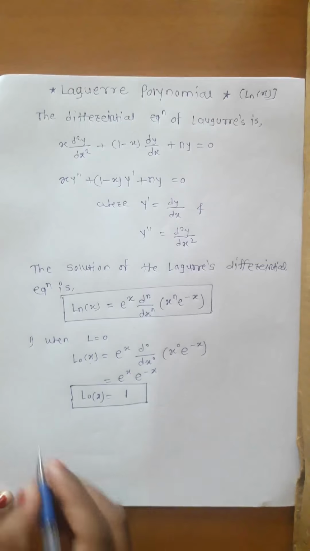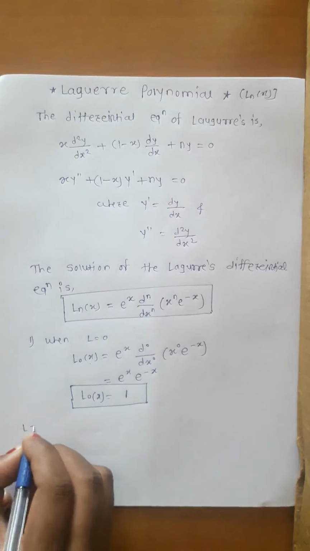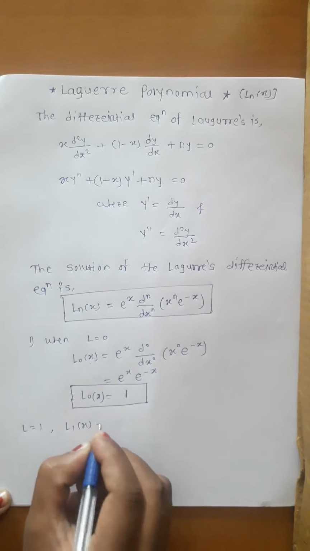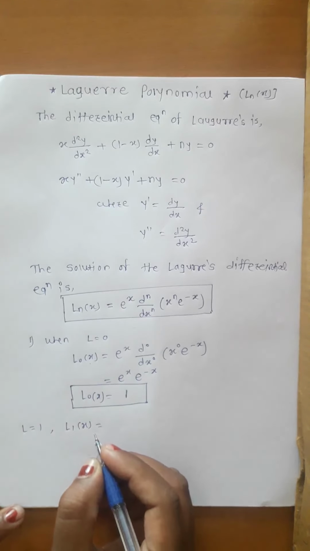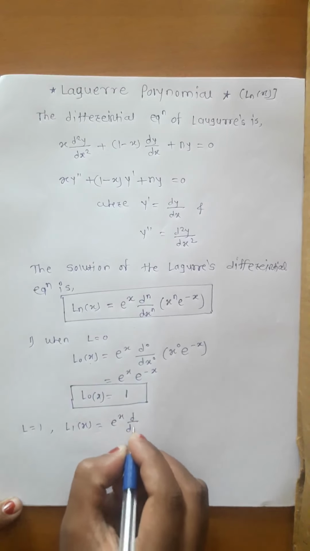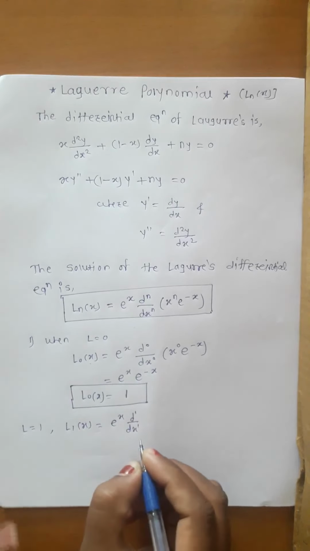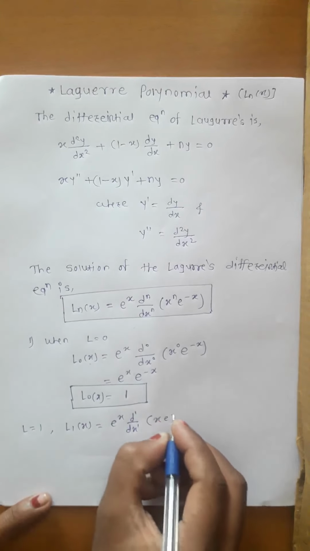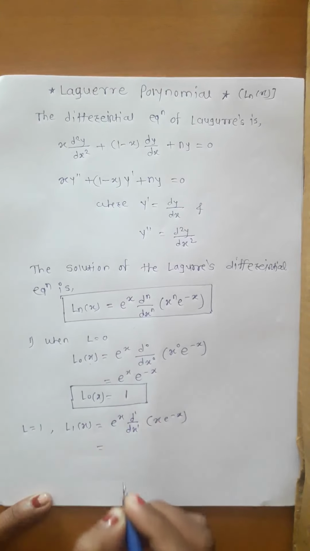Then when the value of n is equal to 1, we have to find out L1 of x, which is equal to e raised to x into d by dx of x e raised to minus x.